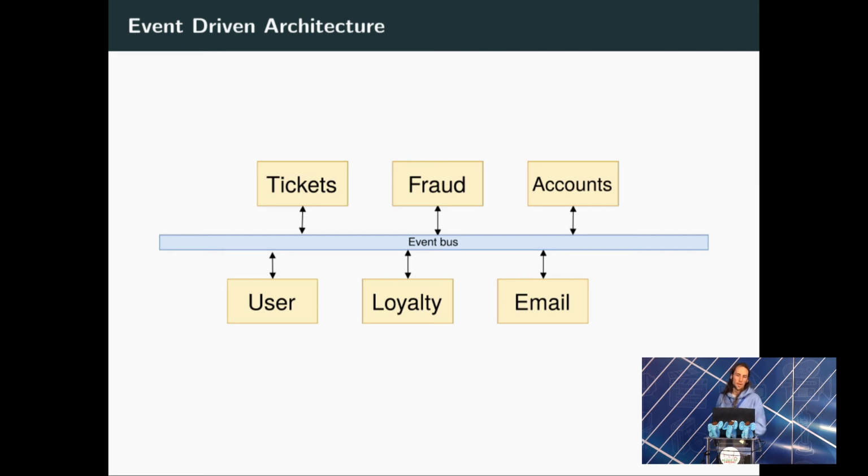So whenever a purchase is made, the ticketing system raises an event, yep, we've received a purchase. The fraud service can then pick it up and say, well, let's analyze this thing and see if it's okay or not. If not, it can flag something, and a customer service agent can pick it up, and maybe it raises an event and says, okay, it's all right, you can continue with the process.